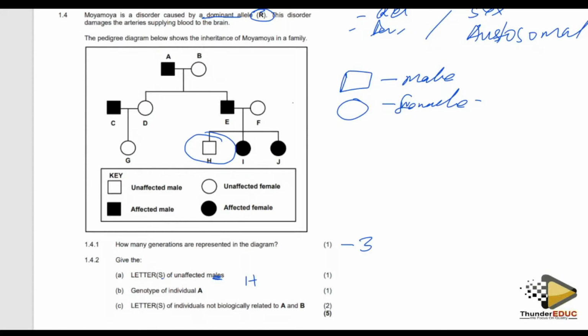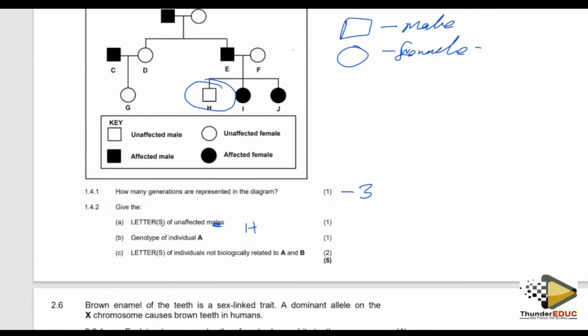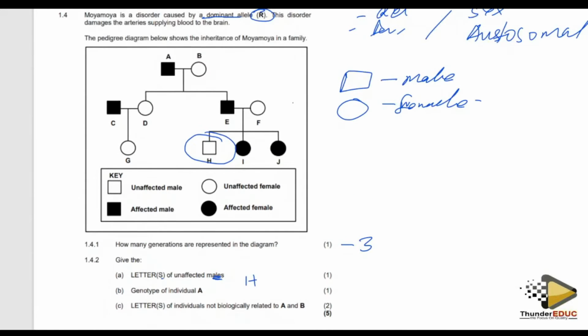Then they are asking for the genotype of individual A. Where is individual A? Because this is someone who is affected, and they have not said that this is sex linked.